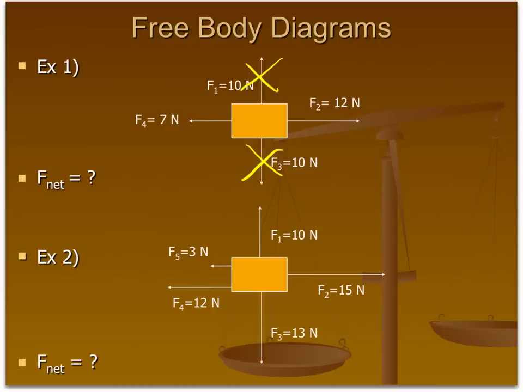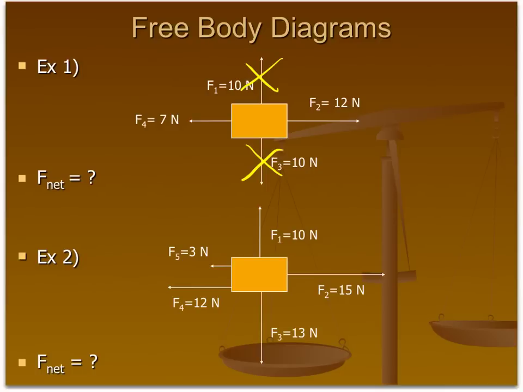Okay? Now, if we take a look at what's happening here with force number 4 and force number 2, force 4 we see is acting towards the left with a force of 7 newtons, and force number 2 is acting towards the right with a force of 12 newtons. And so we can simplify this in the same way. We learned very early in the year that forces going in opposite directions, we can subtract them.